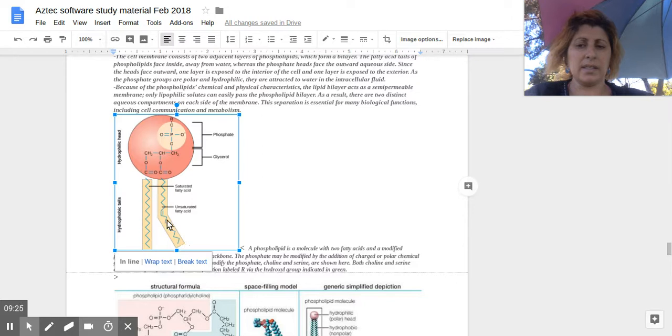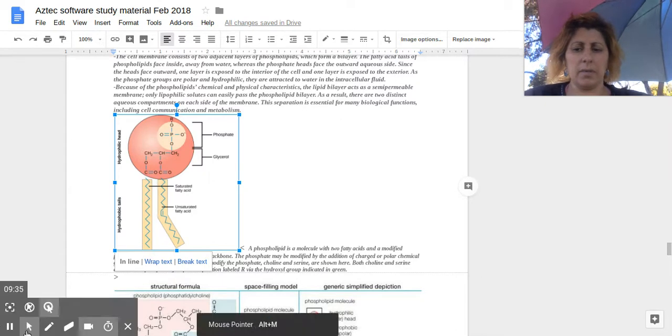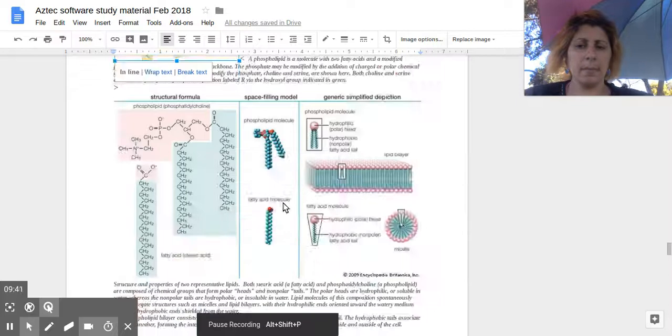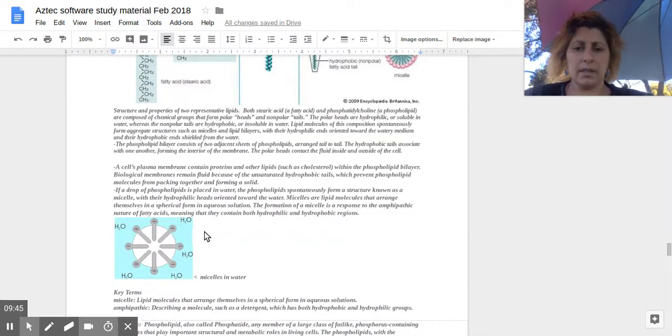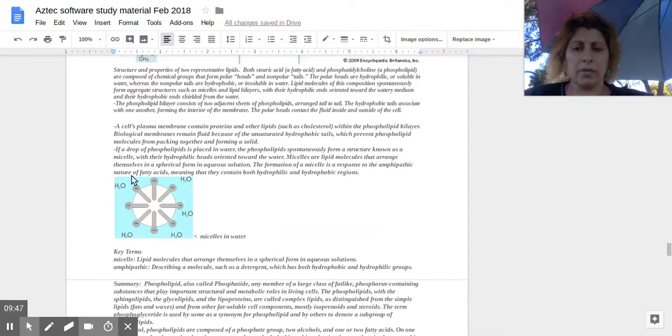Unsaturated fatty acids have a kink in the molecule which prevents them from tightly packing together and gives the membrane a certain amount of flexibility and fluidity. And these are the micelles. So you have polarity on one side, non-polarity on the other side.